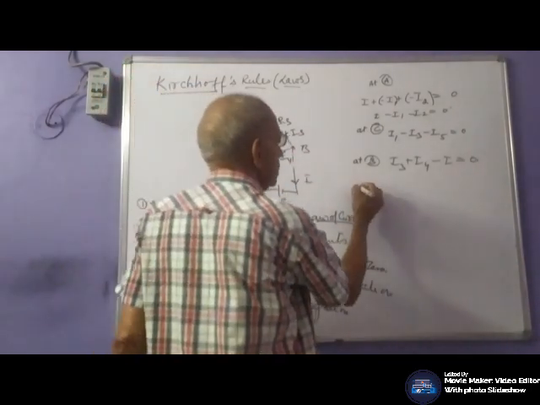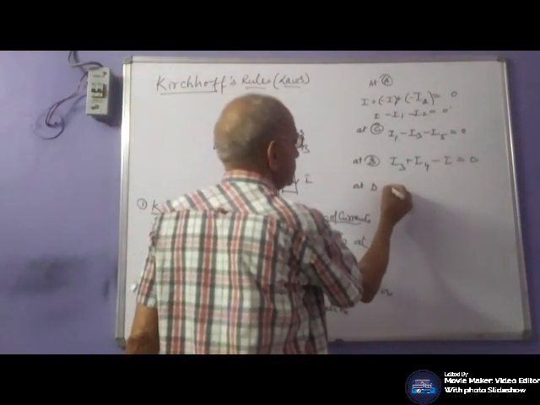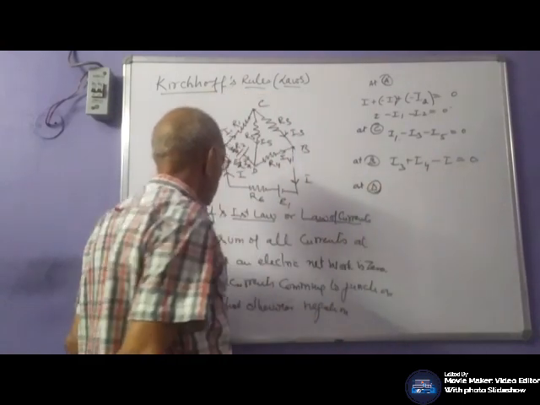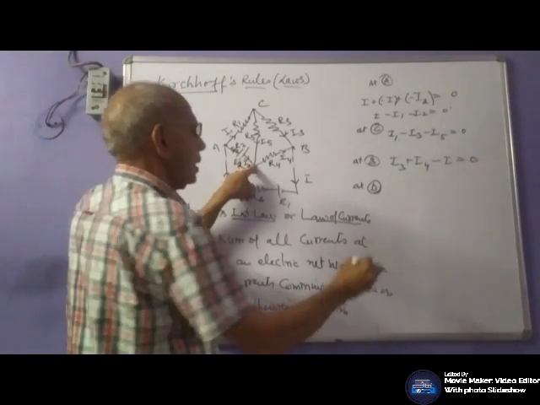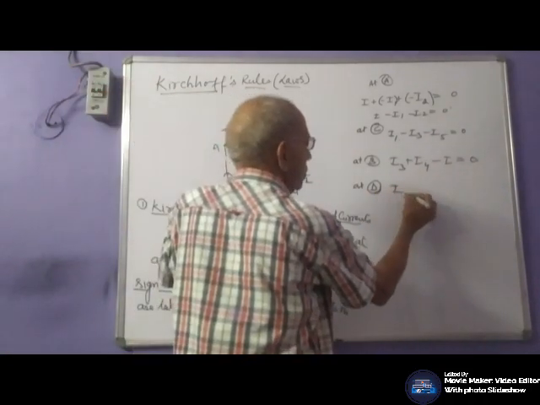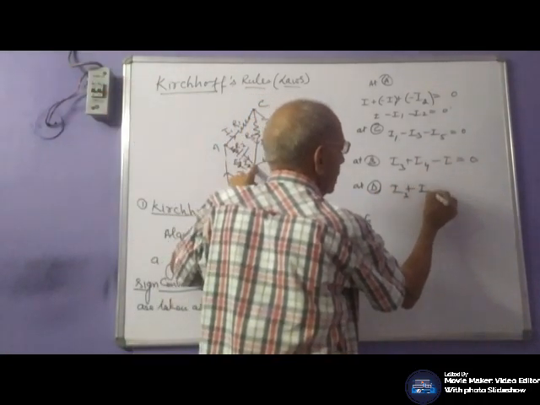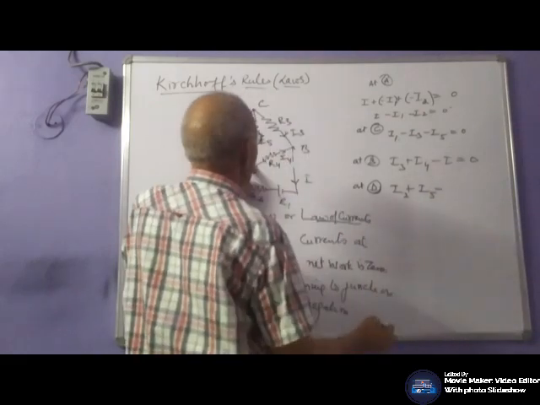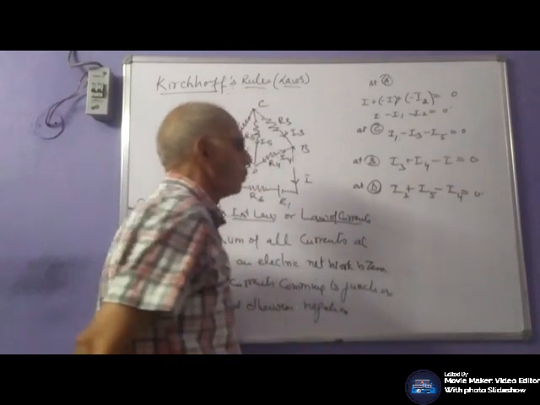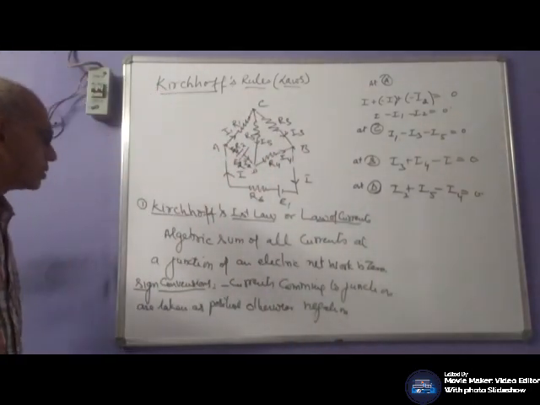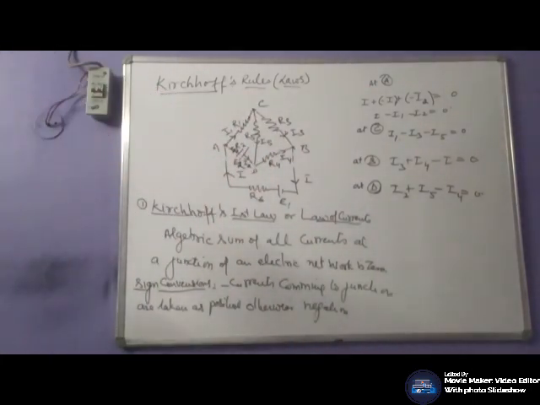At D, coming are I2, I5, out is I4, minus I4 is 0. This is Kirchhoff's first law.